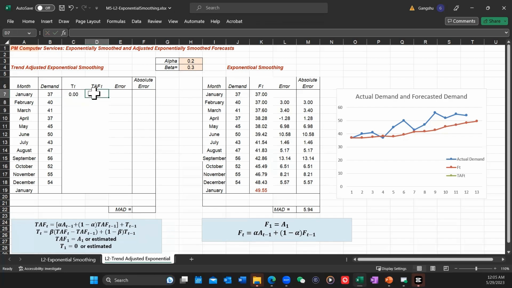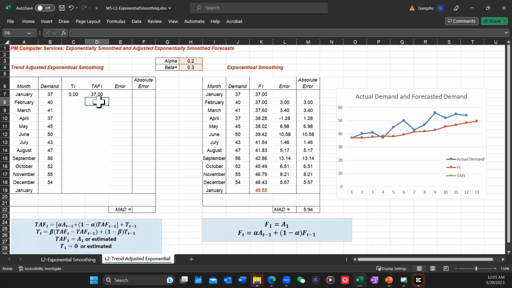The first forecasted value for January will be equal to the first month of demand. So that will be equal to 37.